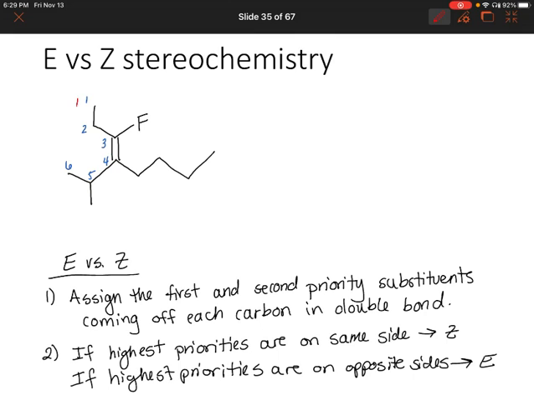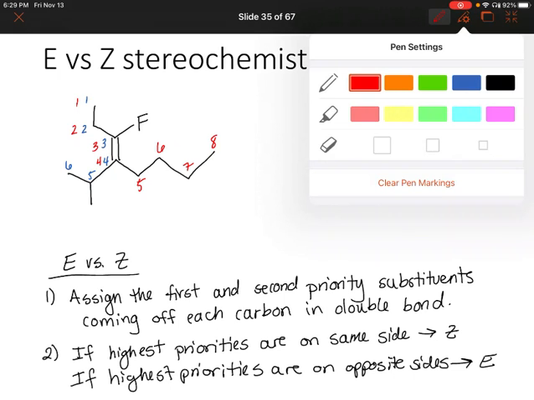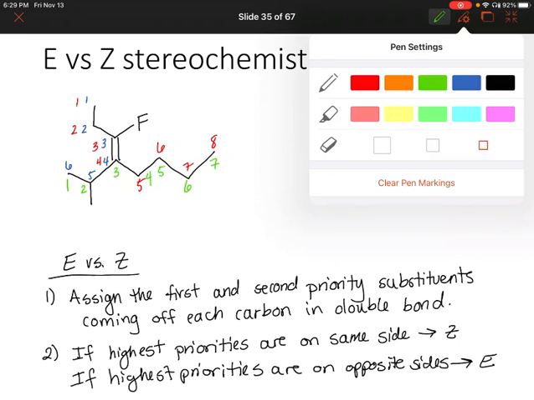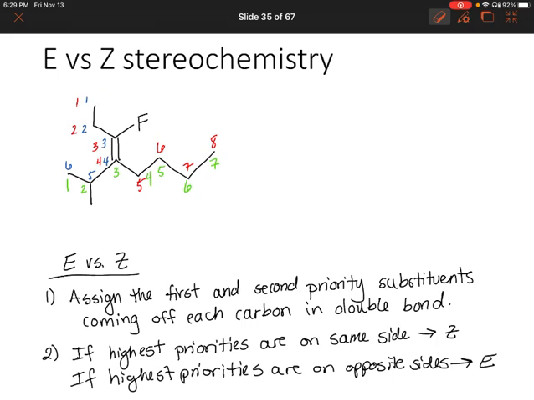Okay, so let's do 1, 2, 3, 4, 5, 6, 7, 8. Okay, that's 8. But what if we start down below? So what if we start 1, 2, 3? Oh, but the double bond, if we kept going, wouldn't be a part of the longest chain, so that doesn't count. So I think the red numbering scheme is probably the best one here. That gives us the longest chain, and the double bond is in that chain. So that's important too.